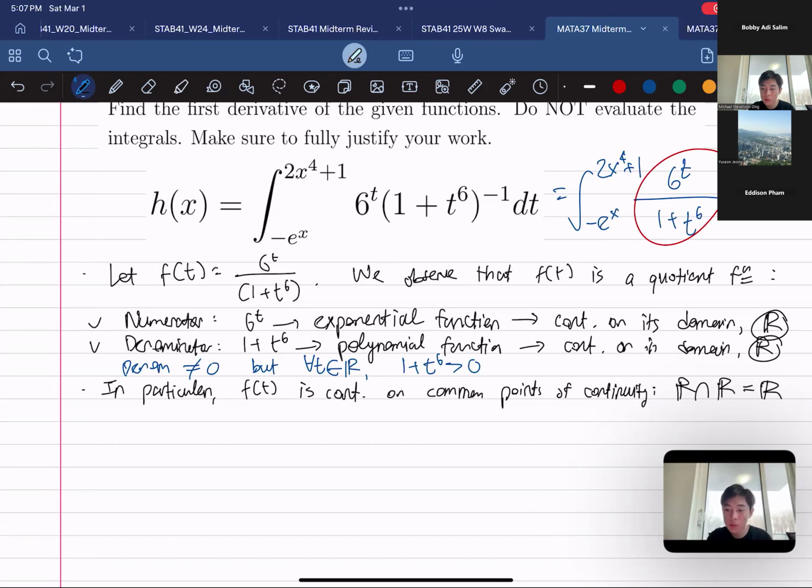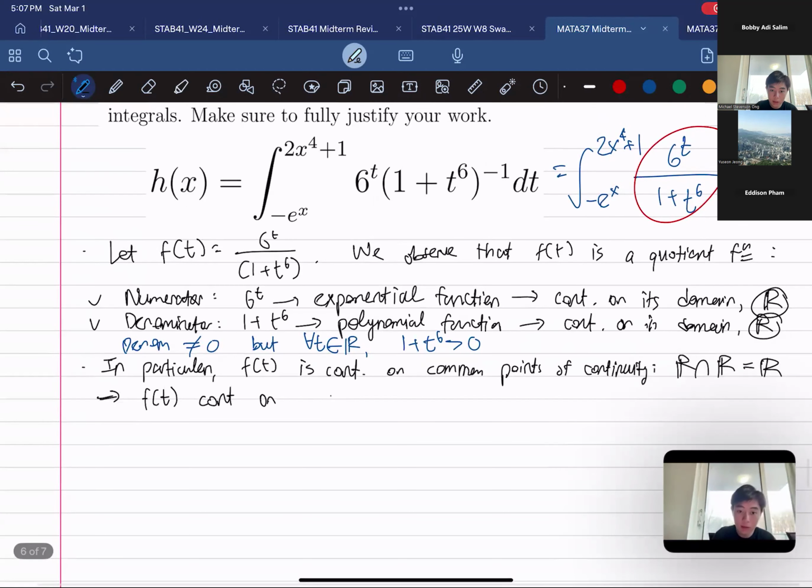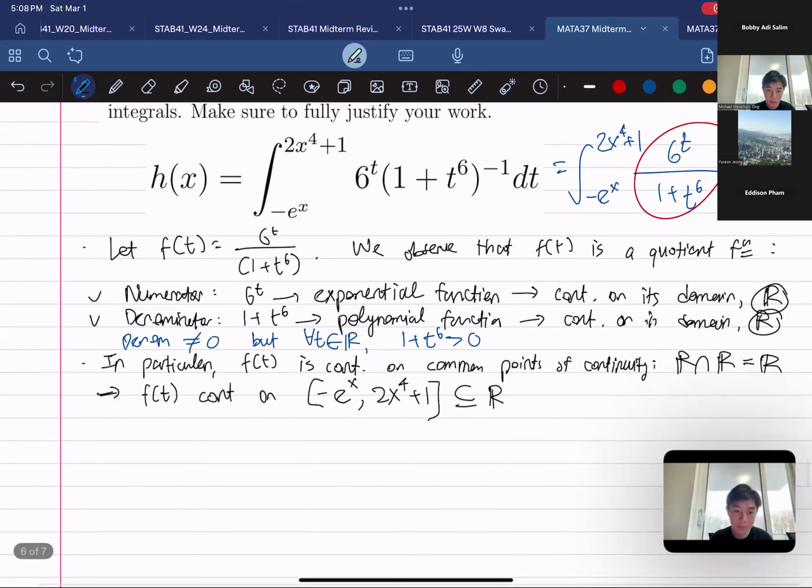And what comes next is, we also know that this thing is continuous on the limits of the integration, which is the negative of e to the x until 2x to the 4 plus 1, because whatever that is still inside our common points of continuity, which is just the reals.